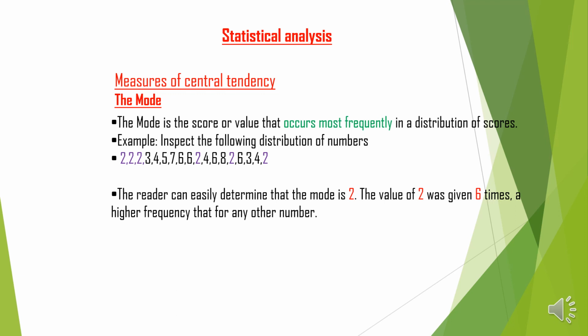I think it's very clear that 2 is repeated too much: 1, 2, 3, 4, 5, 6 times. It's repeated 6 times. So my mode is 2. The reader can easily determine that the mode is 2. The value of 2 was given 6 times, a higher frequency than all other numbers. So my mode here is 2.